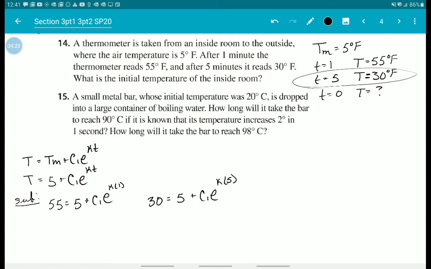So we have a system of equations. They are nonlinear equations, so we cannot just plug this into a calculator. But here's what we know: 50 is equal to C1 e to the k. I'm going to solve this for e to the k, similar to what we did in another video, and then make that substitution in here.